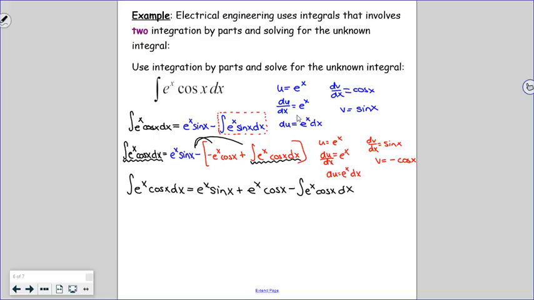If I am subtracting this integral over here and I want to move it to the other side of my equation, I would add that integral to both sides. Right? And if I have one here plus another one here, we end up with two of those integrals.